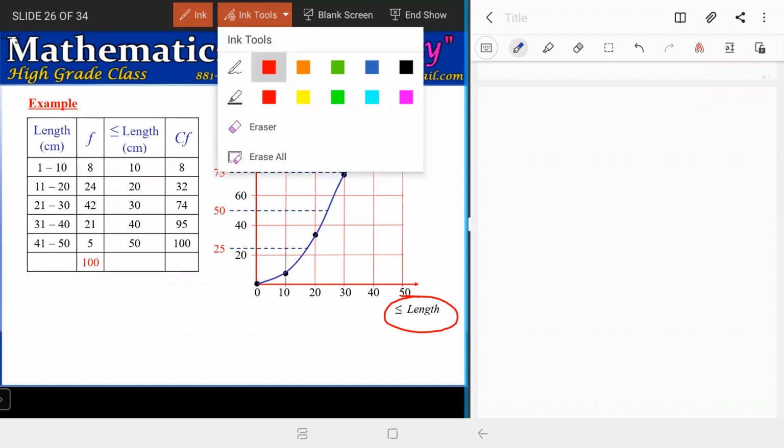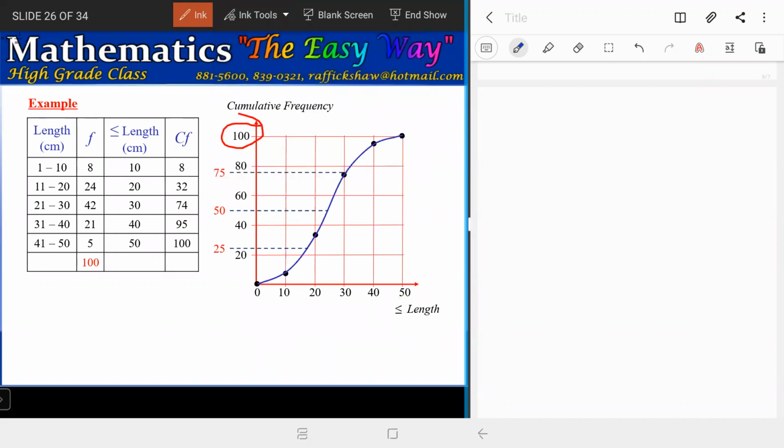Now if I want to find my median, because there are 100 leaves in all, and the leaves are in ascending order from the shortest leaves down here to the tallest leaves up here. This is how I plot the graph.